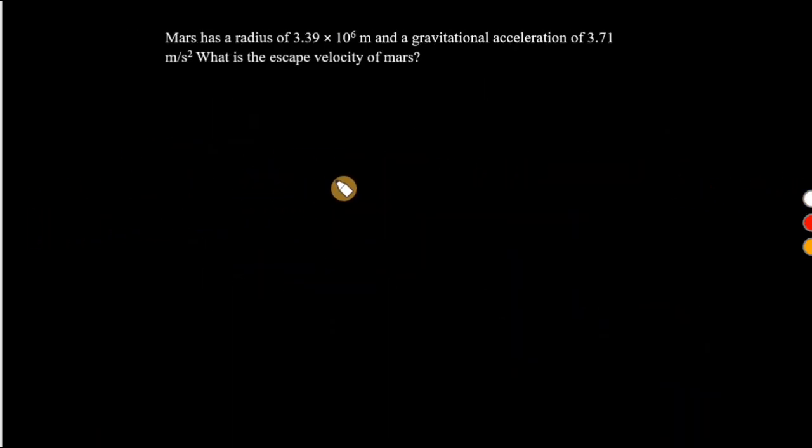This question says Mars has a radius of 3.39 times 10 to the power of 6 meters and a gravitational acceleration of 3.71 meter per second squared. What is the escape velocity of Mars? Solution: quickly use this formula.